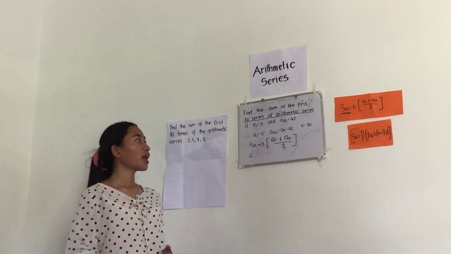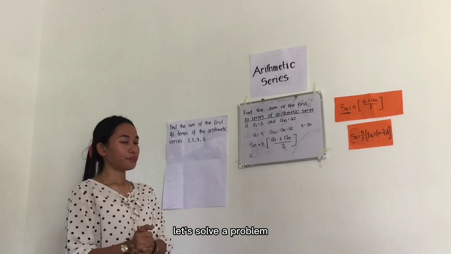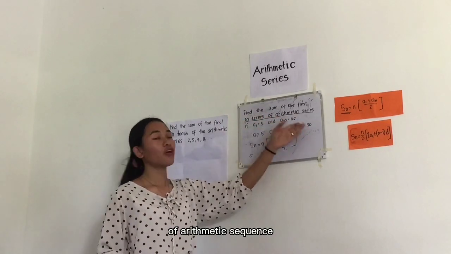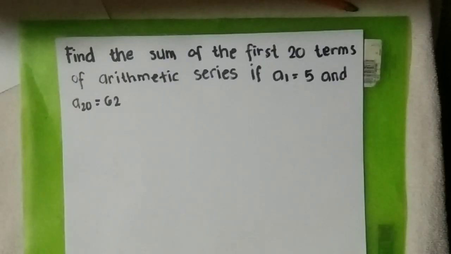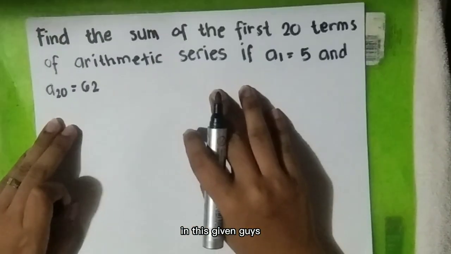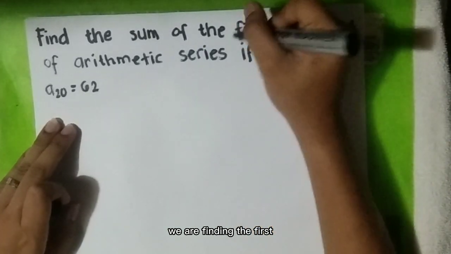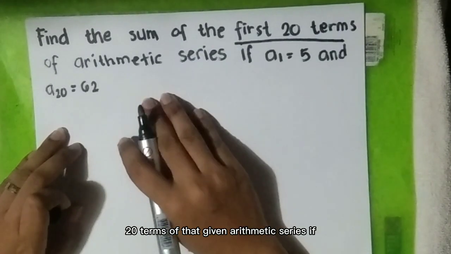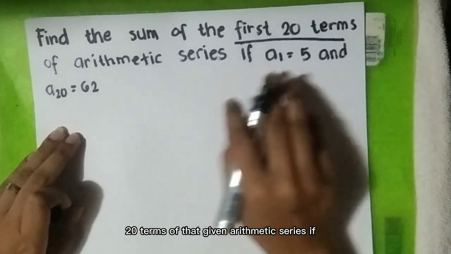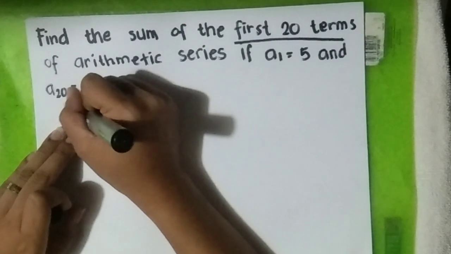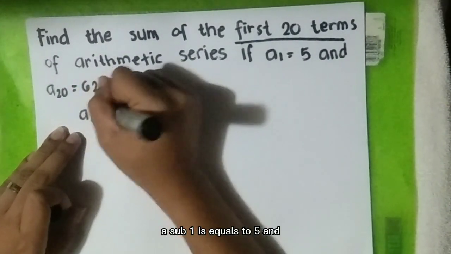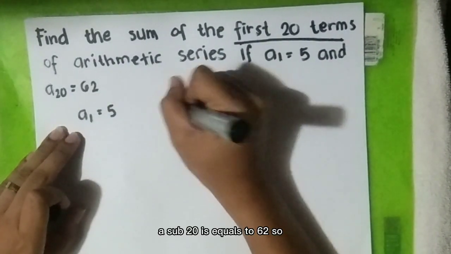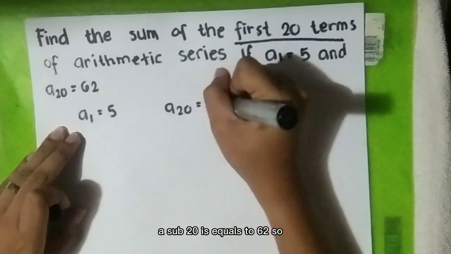So let's solve a problem. We have here: find the sum of the first 20 terms of an arithmetic series. In this given, guys, we are finding the first 20 terms of that arithmetic series, if a sub 1 is equal to 5 and a sub 20 is equal to 62.